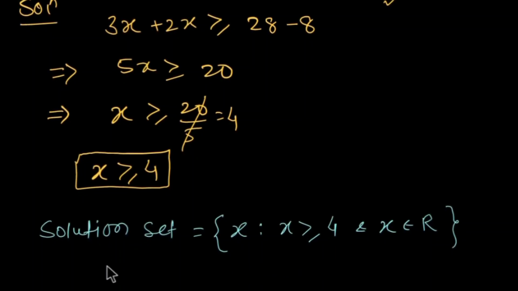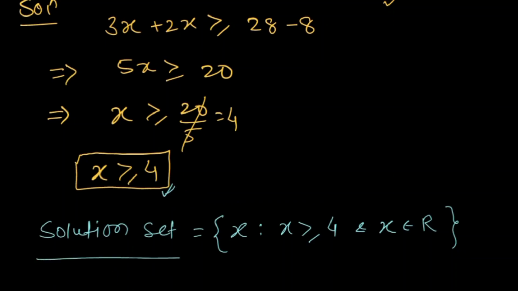You have studied the set-builder form, how to write this answer in set-builder form. So all real numbers greater than or equal to 4 are acceptable in the solution set. Okay, we will try to solve the next question.